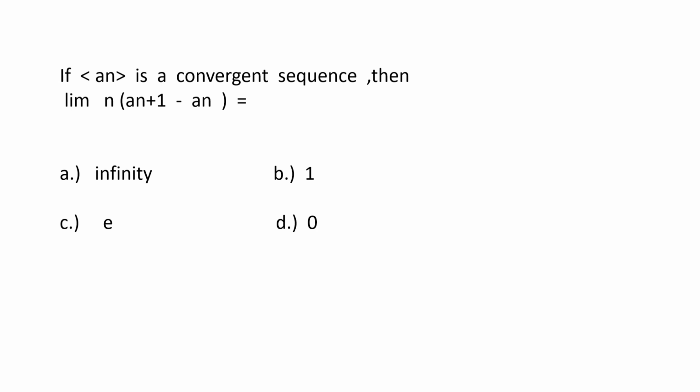Now we will discuss a question. The question is, if the sequence an is a convergent sequence, then the limit as n tends to infinity of a(n+1) minus an is.